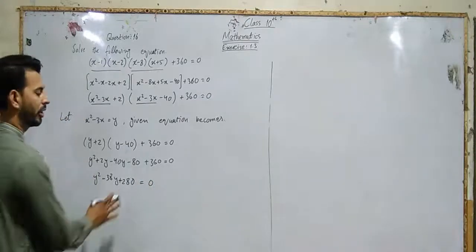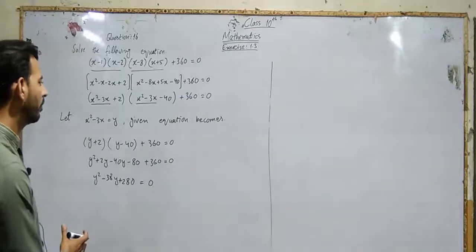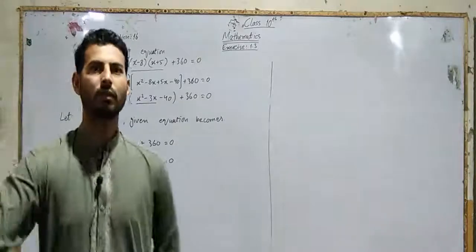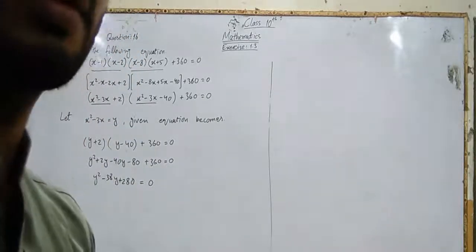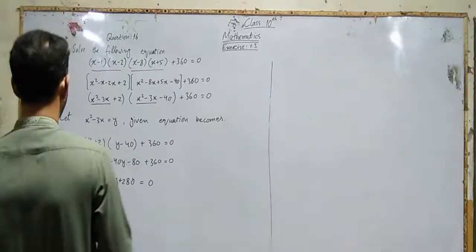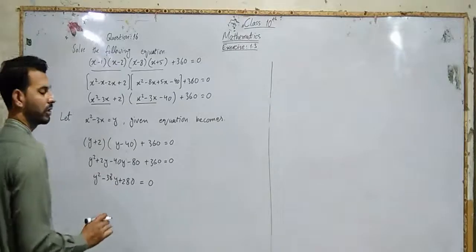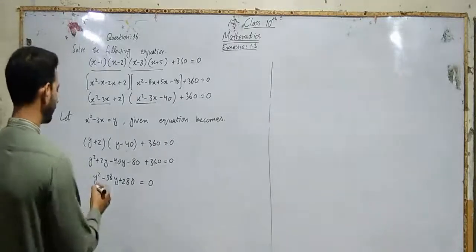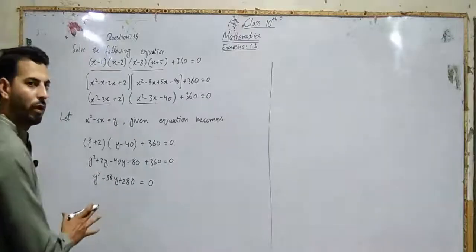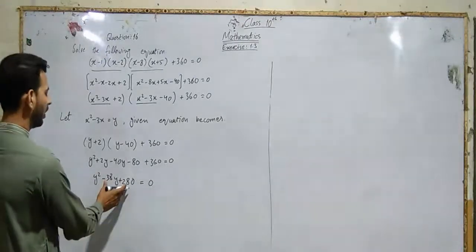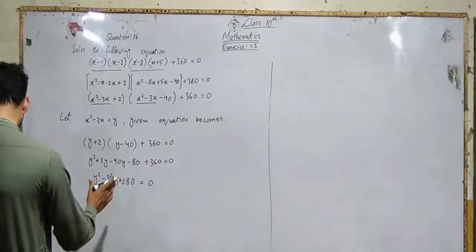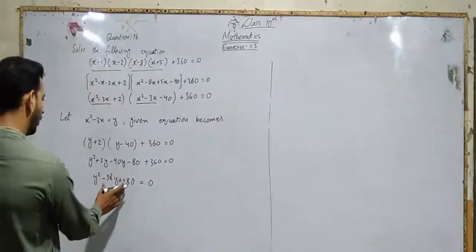So this is our quadratic equation in standard form. Now we can solve it by any method. If we factorize it, we have to make the pairs of this value.